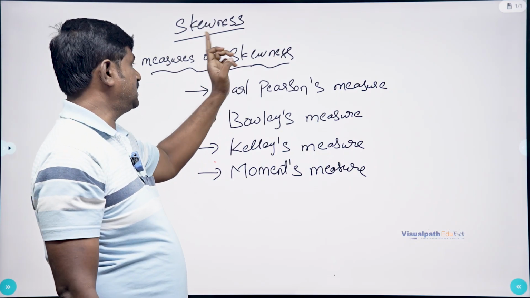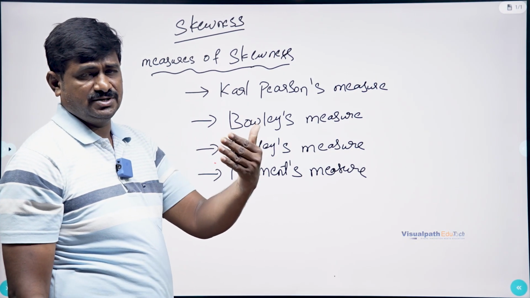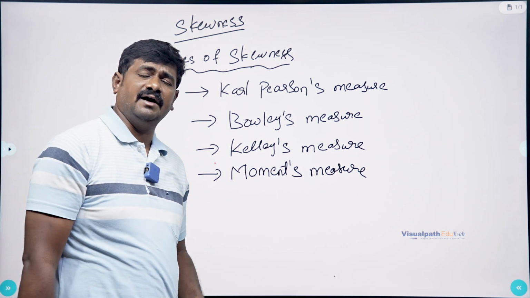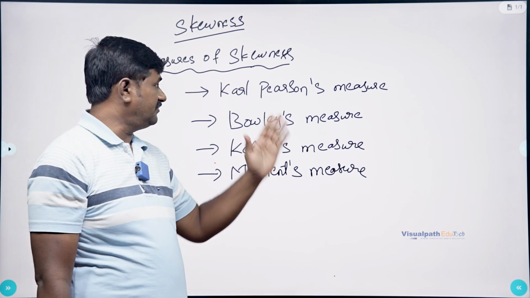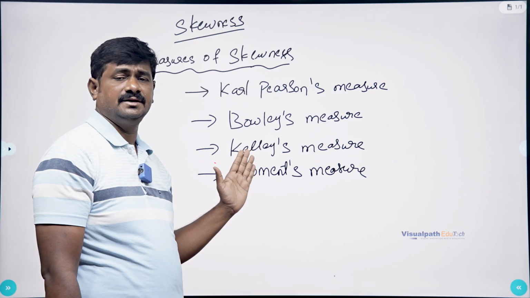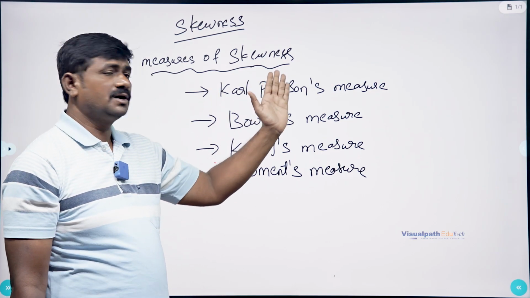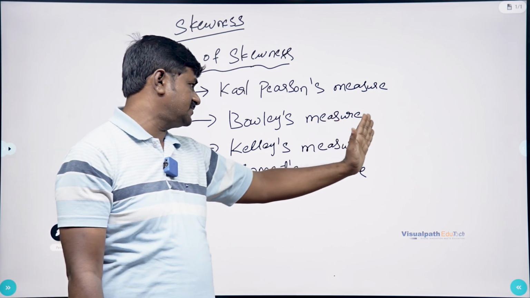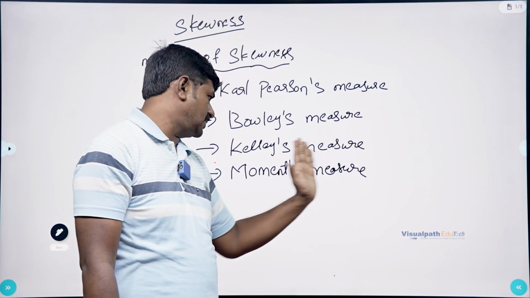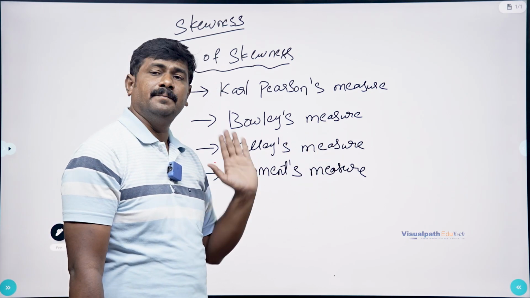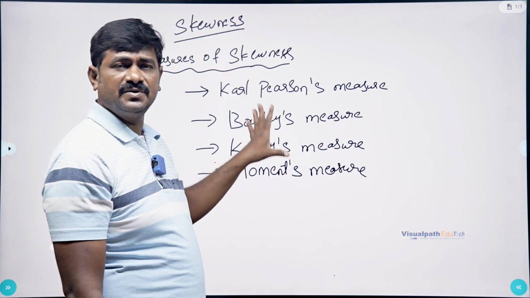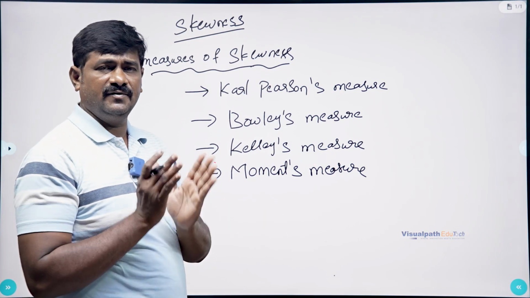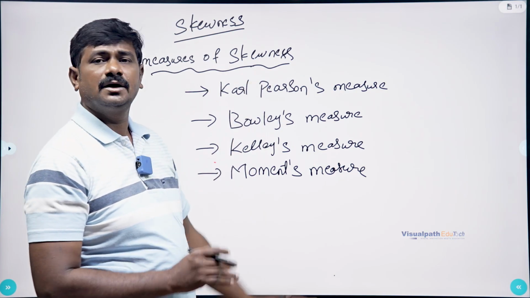To measure the skewness, whether it is positively skewed, negatively skewed, or a symmetrical distribution, we have four methods. The first one is Karl Pearson's measure of skewness. The second is Bowley's measure of skewness, then Kelly's measure of skewness, and the Moments measure. We are going to measure the skewness with all these methods one by one. We will discuss the first method, that is Karl Pearson.